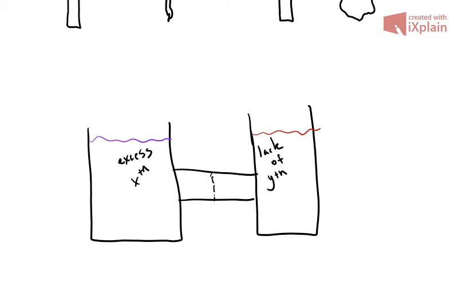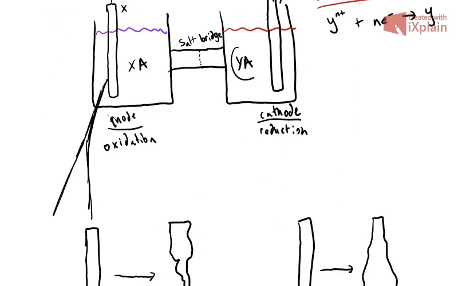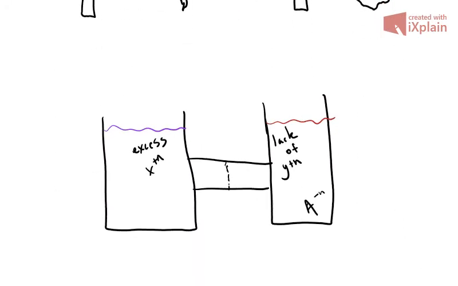And so, to make sure that there's not an excess of these A minus particles that form the salts here, the excess X plus is going to transfer over across the membrane. It is going to require some osmosis pressure, but that's the whole reason the membrane is there.